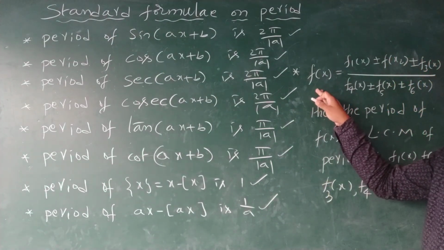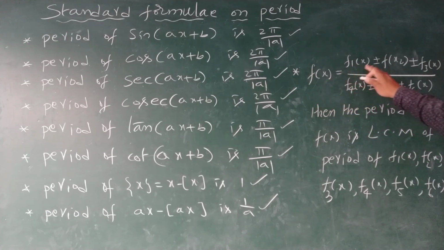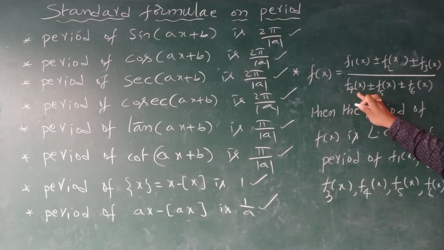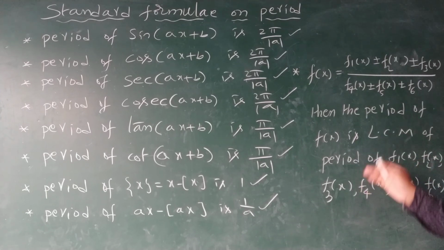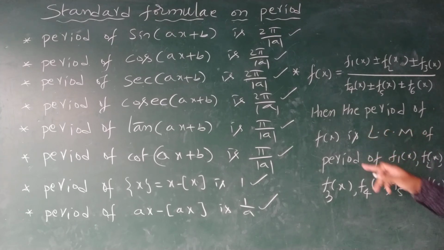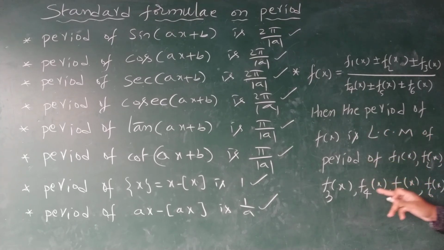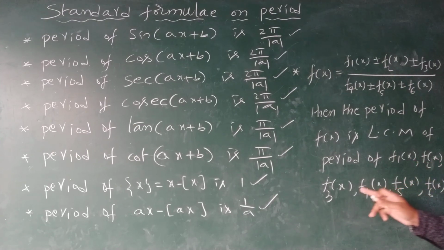So suppose the function is in the form f(x) = f1(x) ± f2(x) ± f3(x) whole by f4(x) ± f5(x) ± f6(x), then the period of f(x) is the LCM of the periods of all these functions f1(x), f2(x), f3(x), f4(x), f5(x) and f6(x).